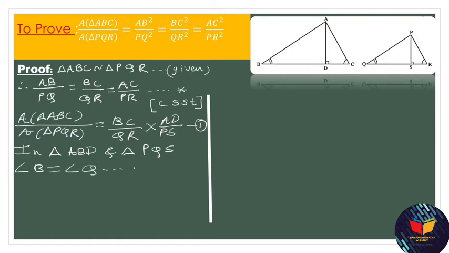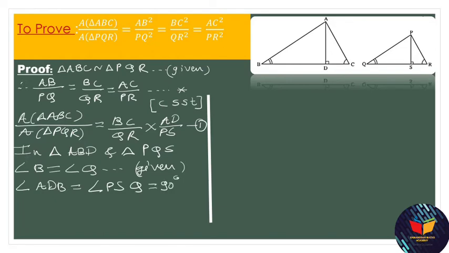And it is given. One more thing is that angle ADB and angle PSQ are right angles. So let us write that angle ADB is equal to angle PSQ, which is equal to 90 degrees.